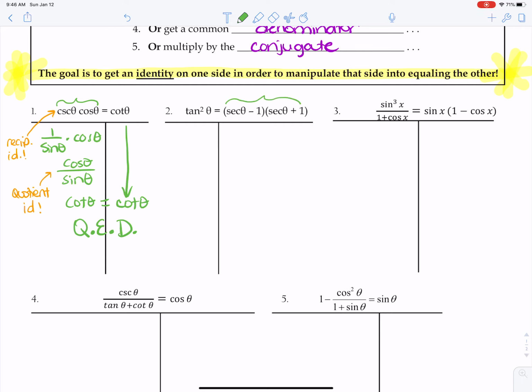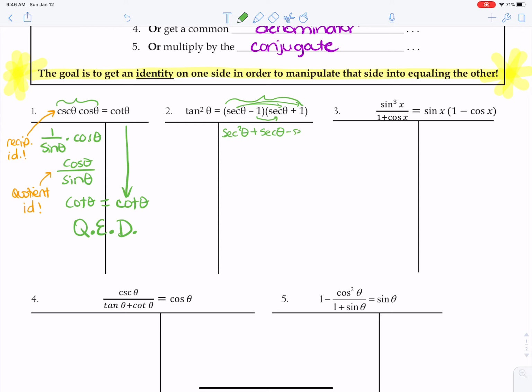Number 2. The right side looks more complicated. So we're like, what should we do? Let's multiply this thing out. Secant theta times secant theta is secant theta squared, or secant squared theta. And then secant theta times 1. You can do a box, but for the purposes of these notes, I don't have that much space, so I'm not going to do a box this time.